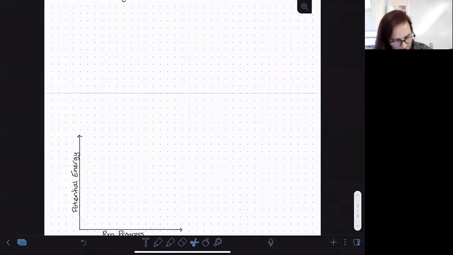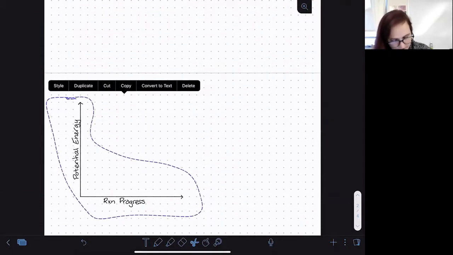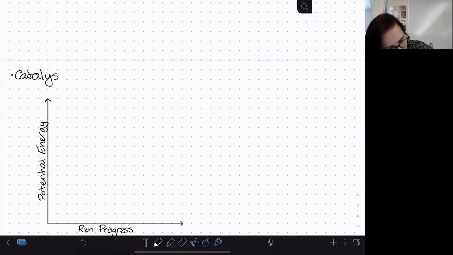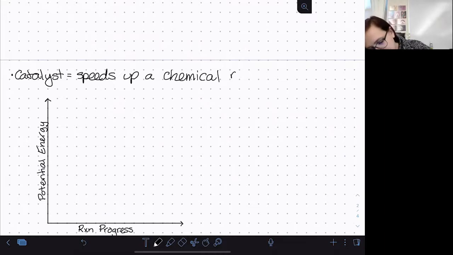When you add a catalyst to a chemical reaction, you likely learned about catalysts in biology when you talk about enzymes. So you know that a catalyst is something that speeds up a chemical reaction. So people often think about catalysts as being something that makes a reaction work better.